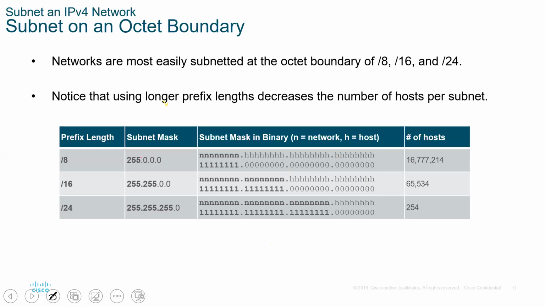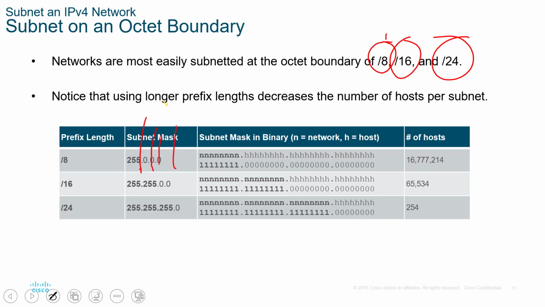When we say octet boundary, now that we have left IP version 6, for IP version 4 the octet boundary we are talking about is each of the octets. You see there is /8, /16, /24. Why? Because we said it has 4 octets.